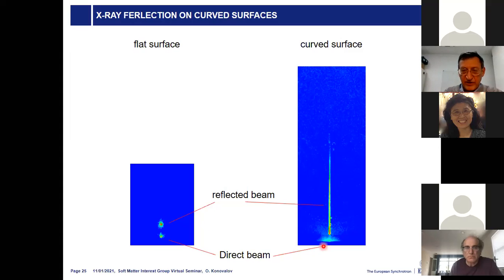But if we put it on the curved surface, we see that instead of one point, we have a line. Even for a reasonably flat surface of copper, it is curved, and we need to find a way to analyze reflectivity data from the curved surface and get valuable information.